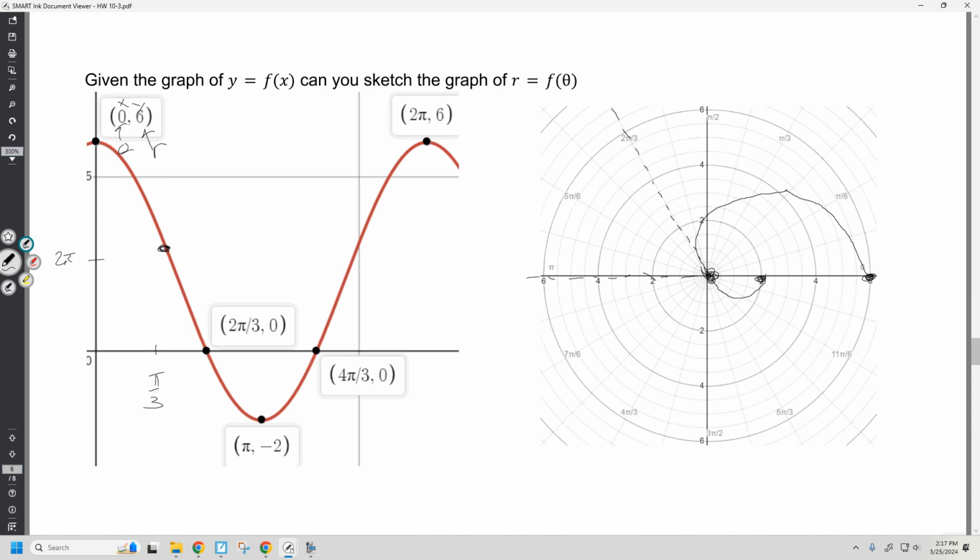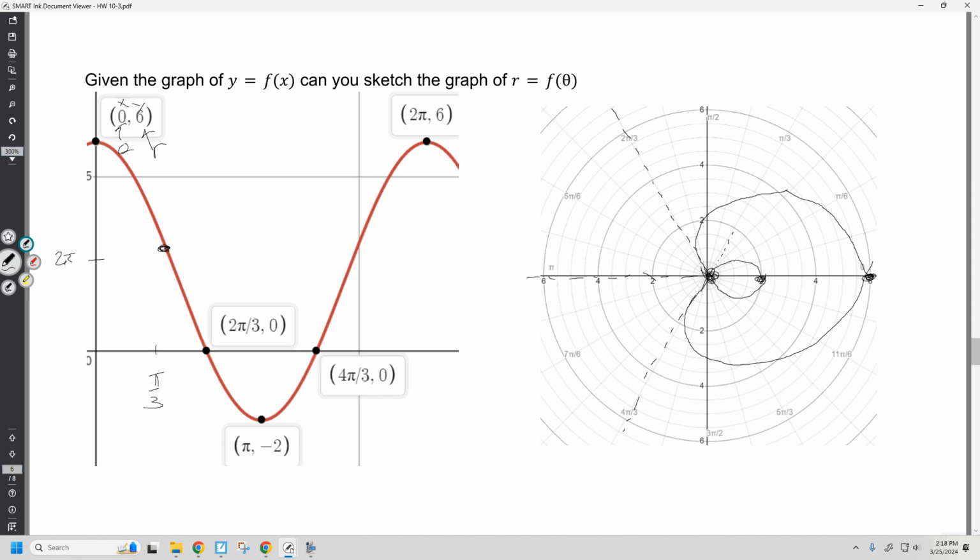Pi to 4 pi over 3, my radius is -2 to 0. So we need to stay between these two angles, go from -2 to 0. Then from 4 pi over 3, we will be expanding our radius out, and we create this graph.